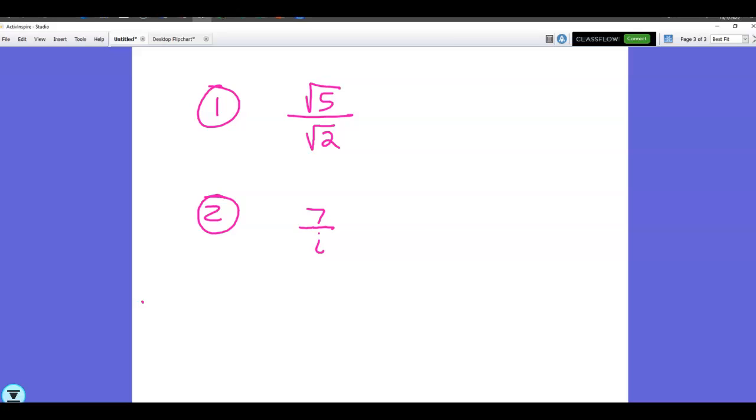Yeah. Seven i, and then you can simplify it.